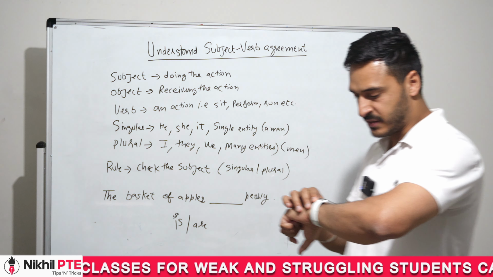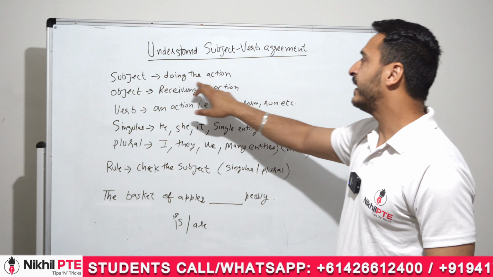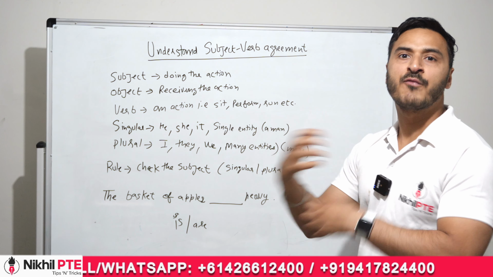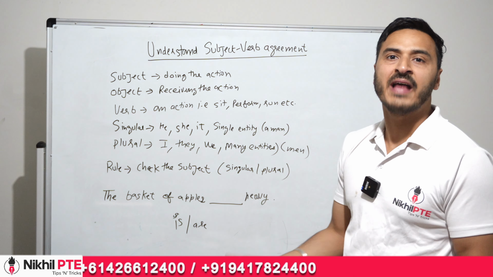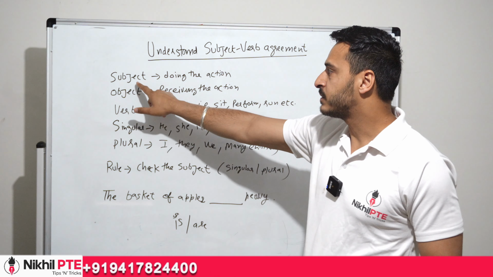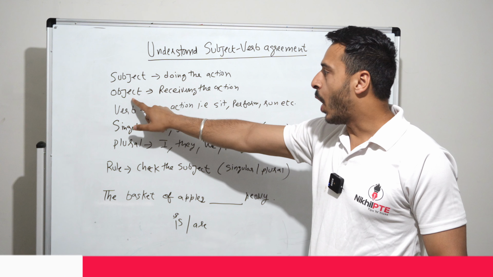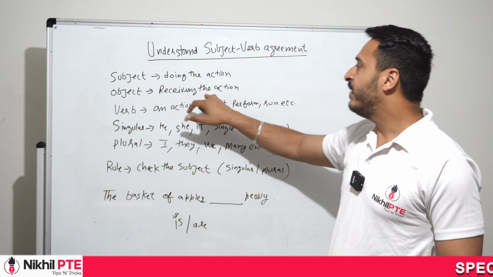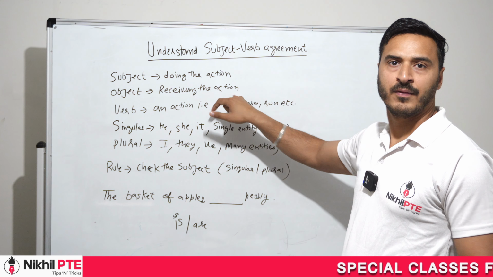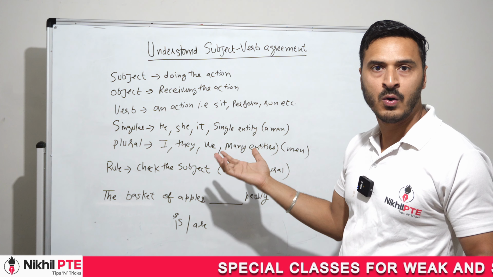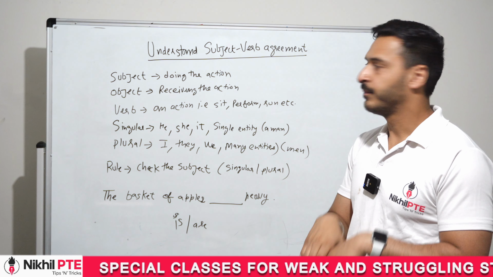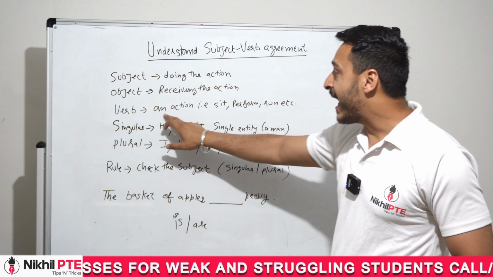What is a subject? Subject means doing the action. Who is performing the action? Who is doing the action? That is called the subject. Object means receiving the action. Very simple. Who is receiving the action? Verb is an action.